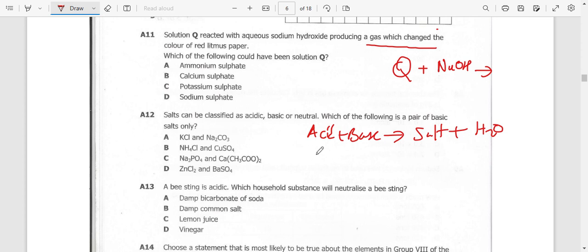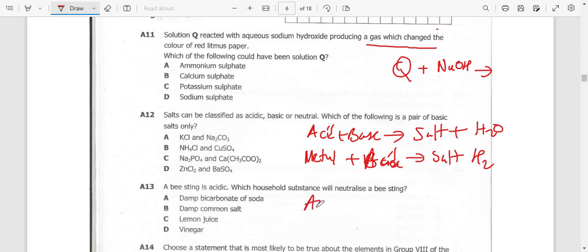Another thing, now, when a metal reacts with an acid, you are going to form a salt and also hydrogen.